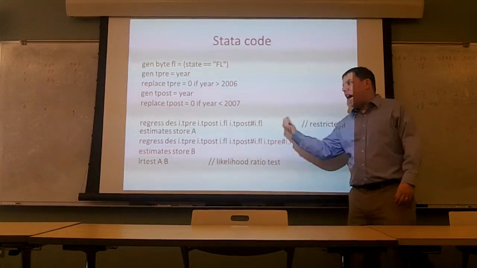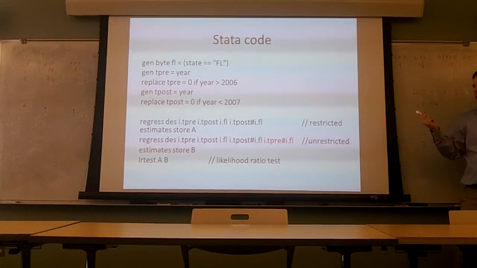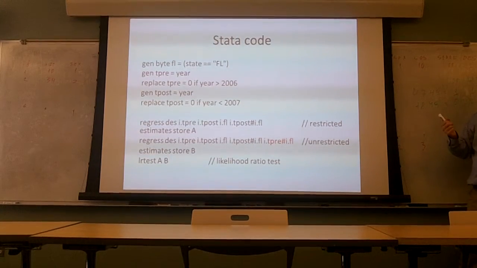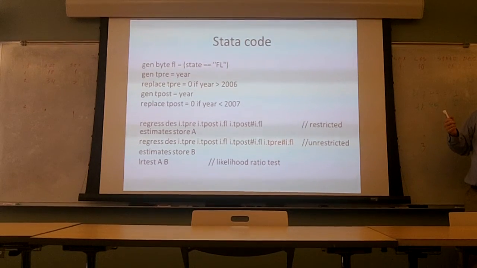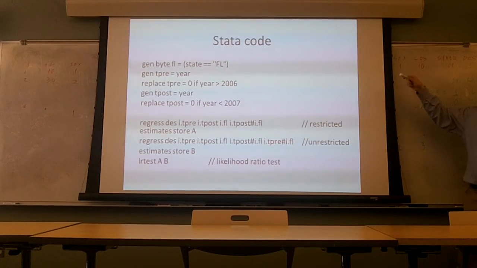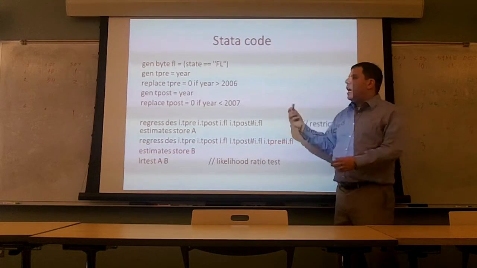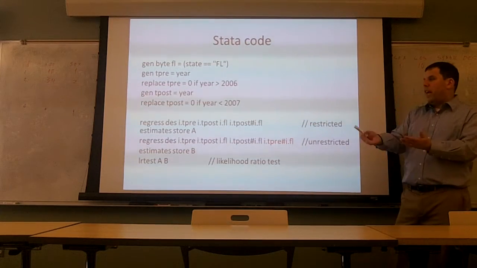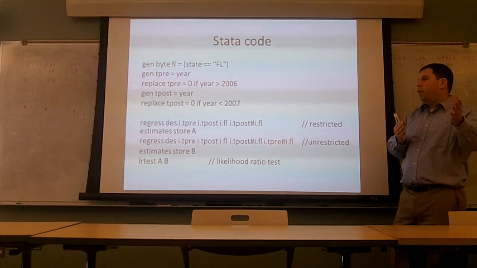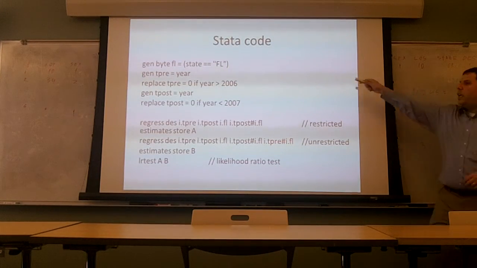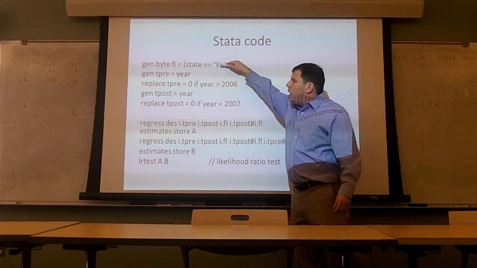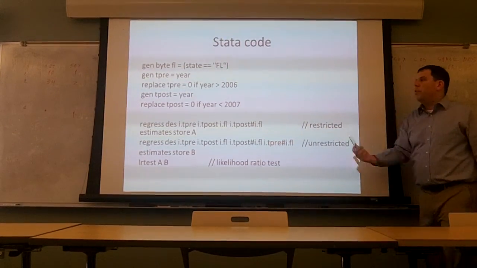If you had all 50 states, it's Florida to everything but Florida. Think of it as a partition. Florida is one, everything else is zero. That's your control group.